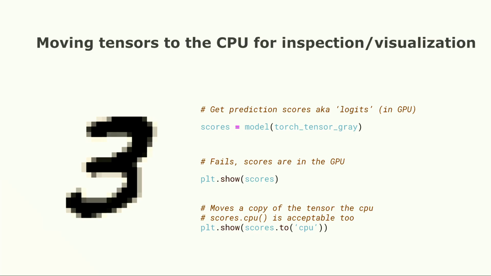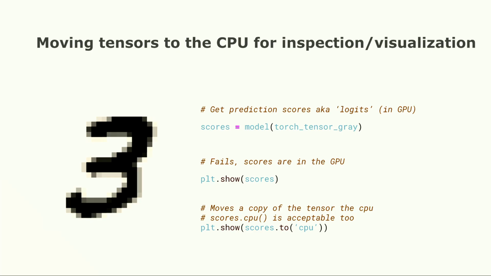The example shows first when we do plt.show(scores) failing because scores is on the GPU, and then when we do plt.show(scores.to('cpu')), this works correctly because now we have moved the data back to the CPU.